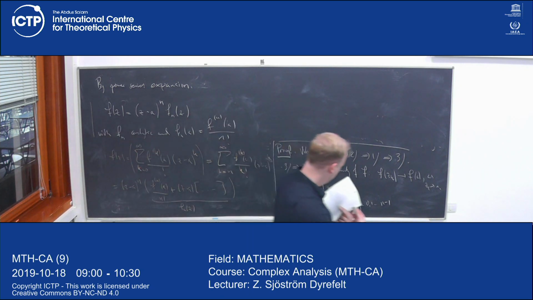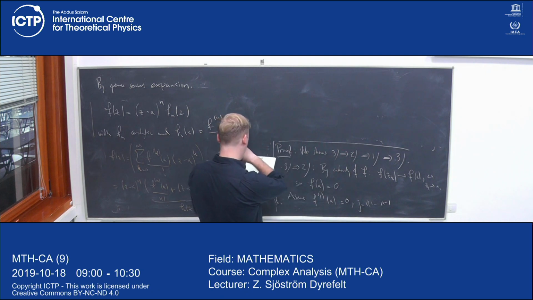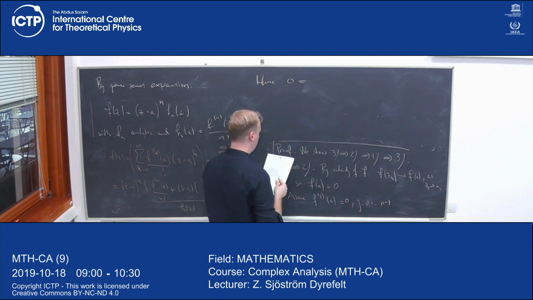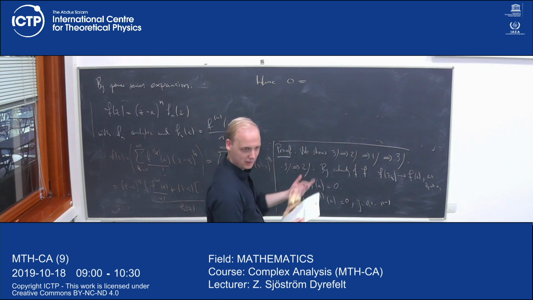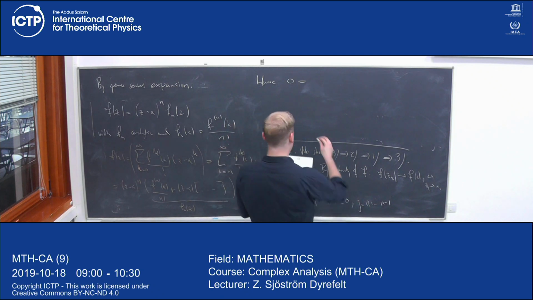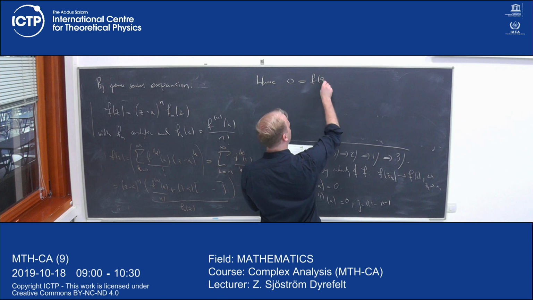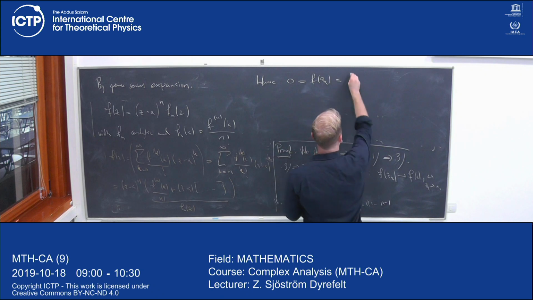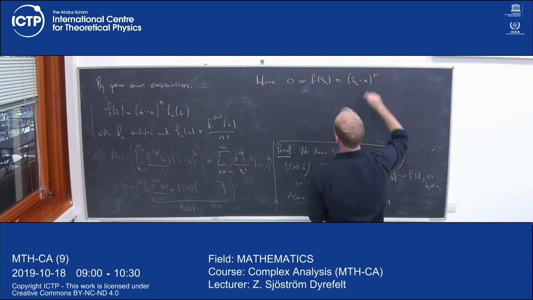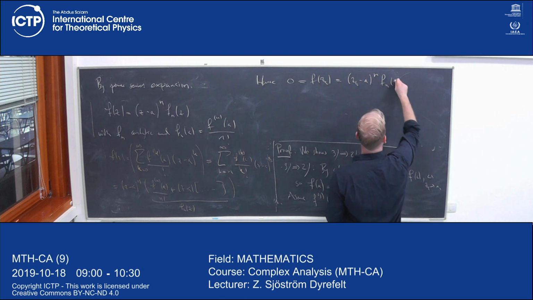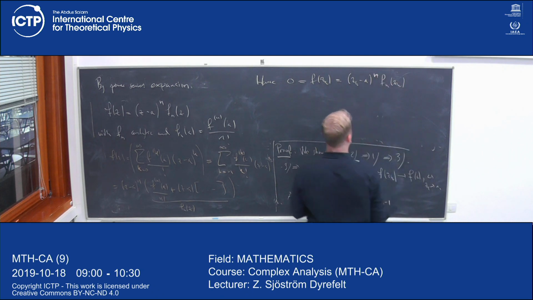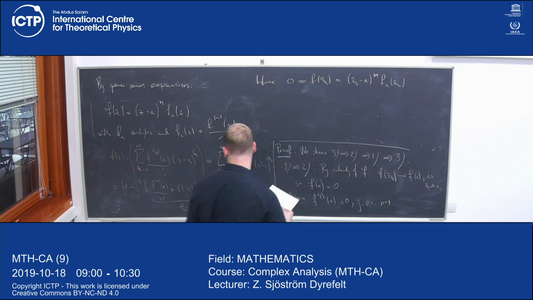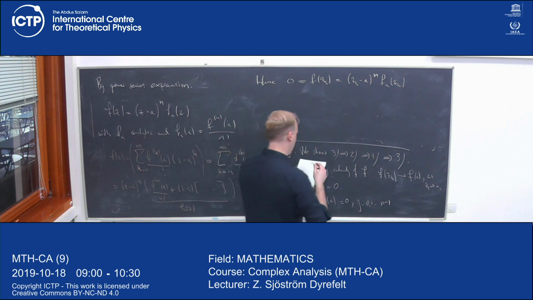So now where am I? Hence, what do we get? So this is not the super beautiful part. The second part is the beautiful part of this proof. So 0 is f of zk, which was equal to this. So it's equal to zk minus a to the power n times fn of zk. Of course these k's are not the same, so don't be confused.